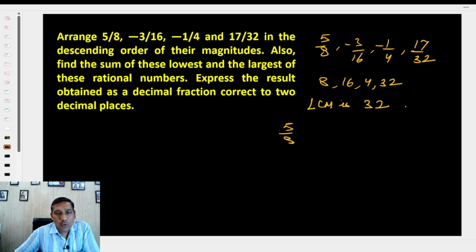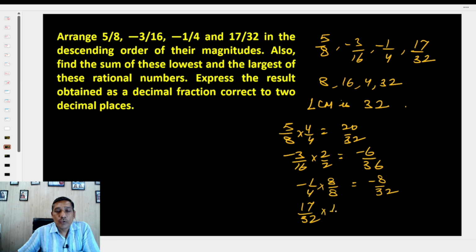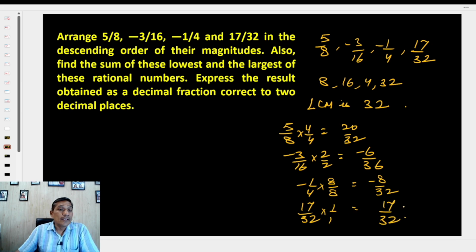So we equalize all the denominators with 32. And 17 by 32 into 1 upon 1 gives us 17 by 32.